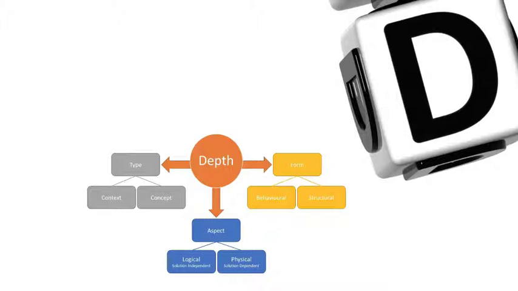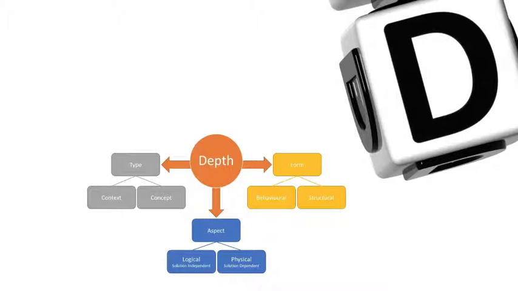There are two different types of depth. There's context and concept. Depth will take on two different forms: behavior or structure. And there are two different aspects to depth: logical and physical.